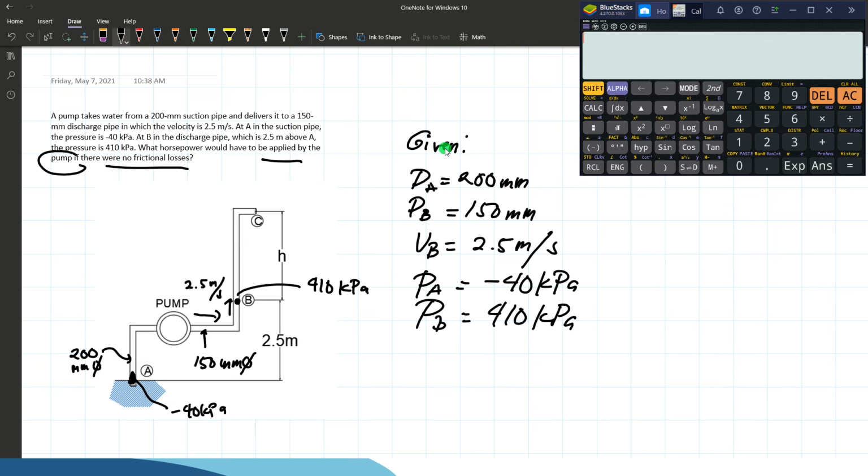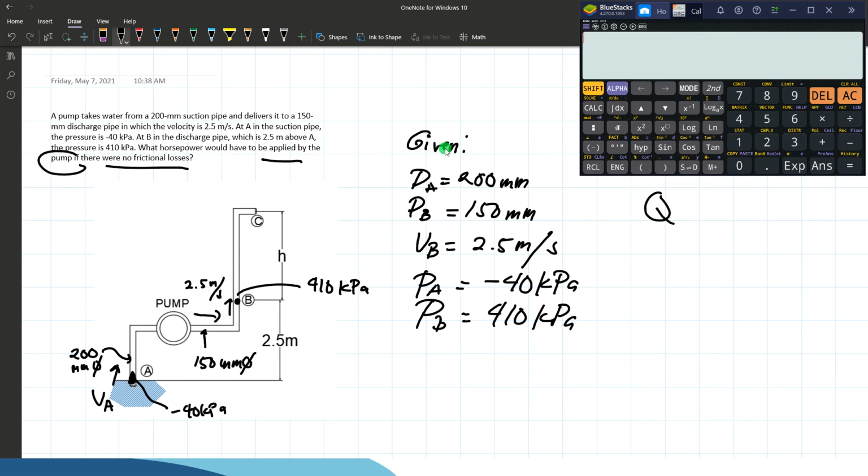Next, let's determine first the velocity at point A. How do we determine the velocity at point A, which is inside the suction pipe? Since we have a given diameter for the suction and discharge pipe, we will just make an equation.